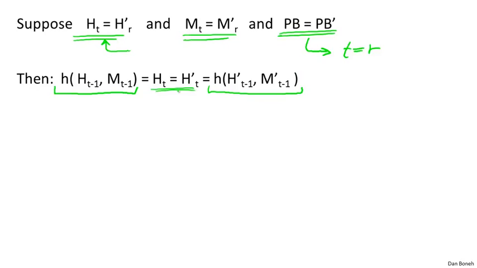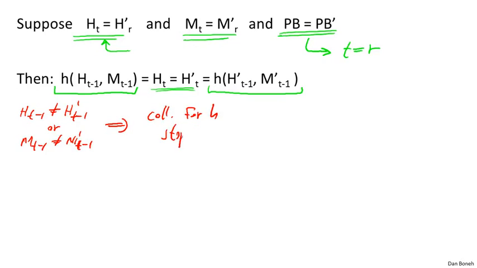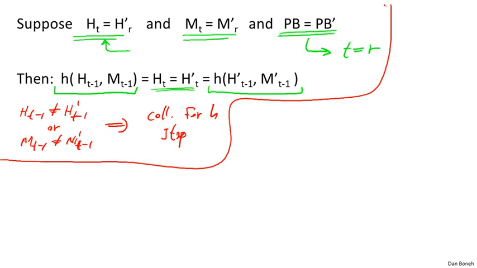In other words, if ht minus 1 is not equal to ht minus 1 prime, or mt minus 1 is not equal to m prime t minus 1, then we have a collision for h, and we can stop. We're done.